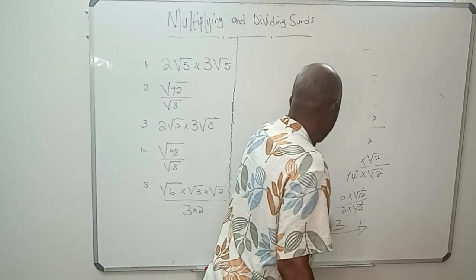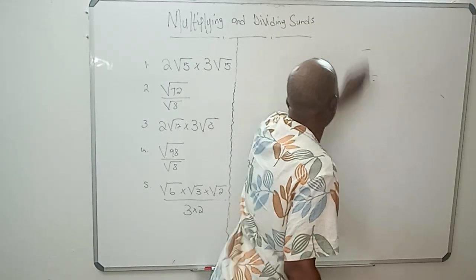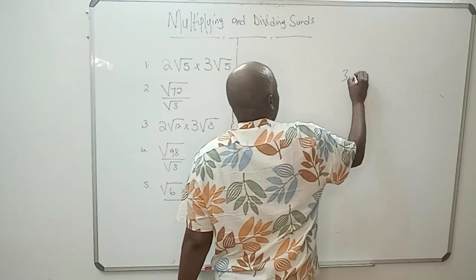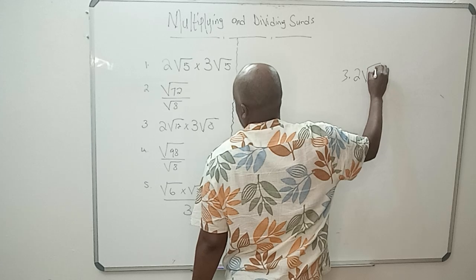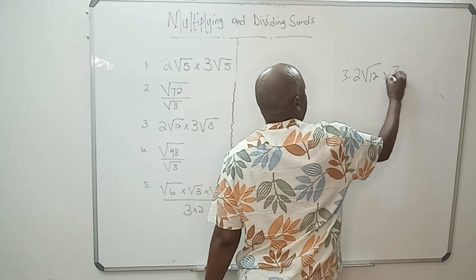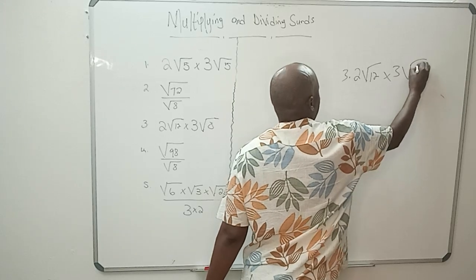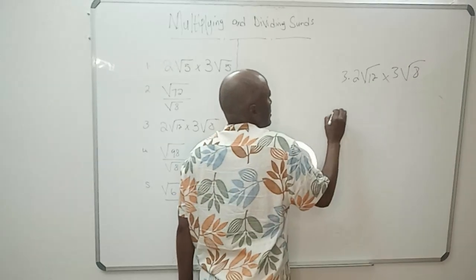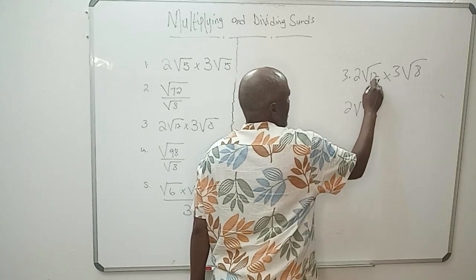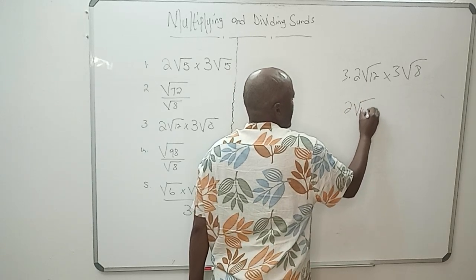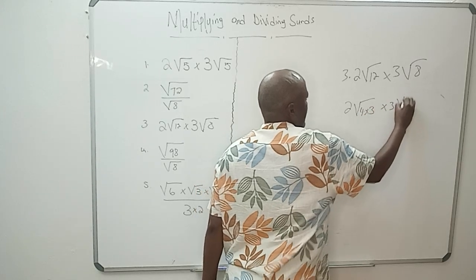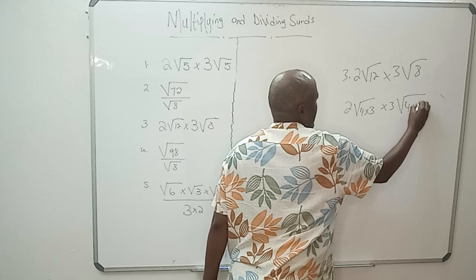Number 3 says 2 root 12 multiplied by 3 root 8. You keep the 2 and say, okay, I know that 12 is 4 multiplied by 3, multiplied by 3. 8 I know is 4 multiplied by 2.